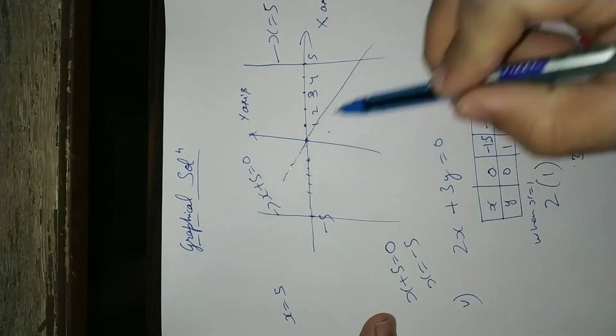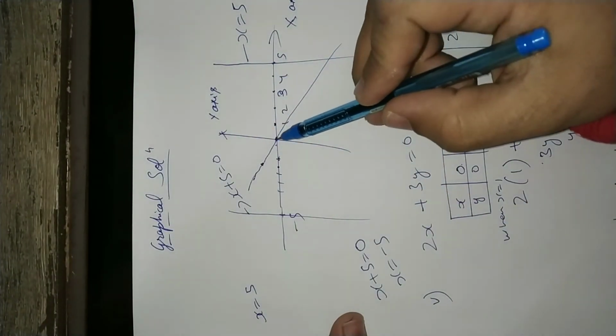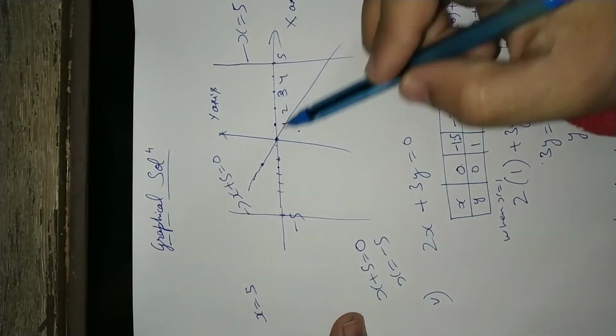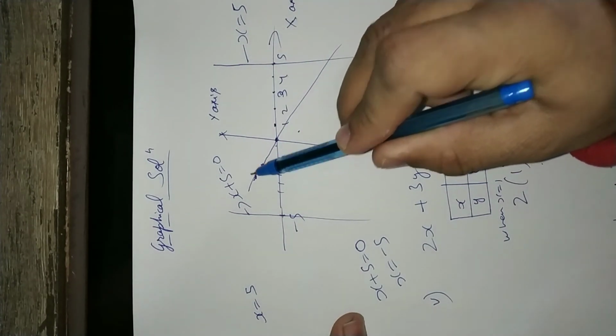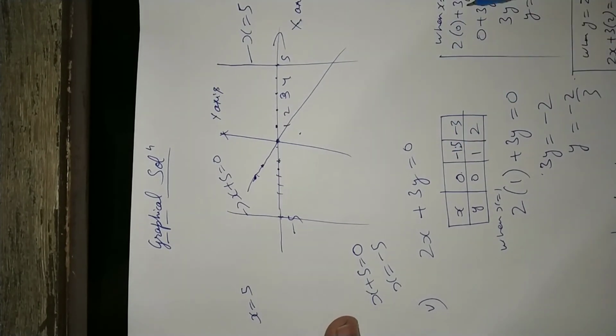Now the third point must also lie on this line. y is 2 and x is minus 3, so this point. If all the 3 points lie on the same line, that means you didn't make any mistakes and you are doing it right. So this is how to plot a line.